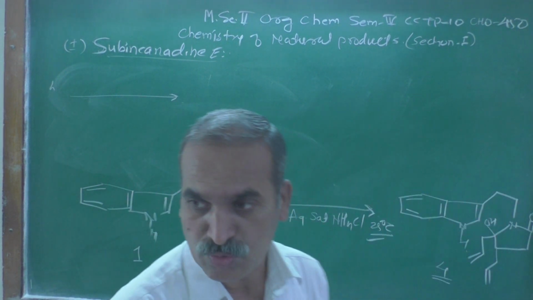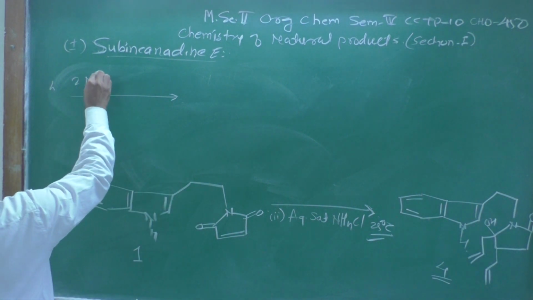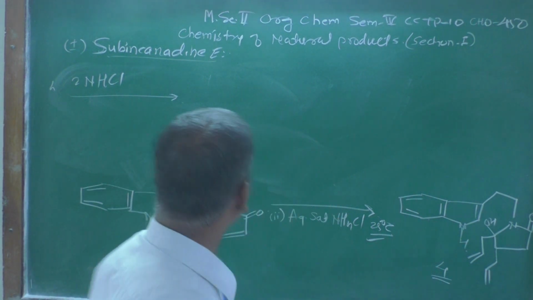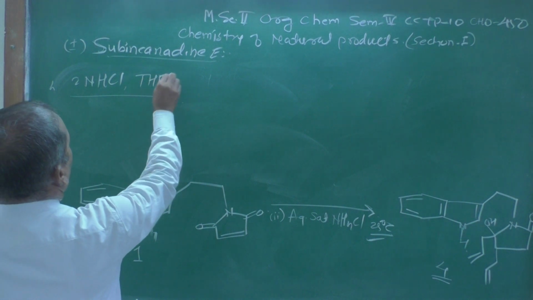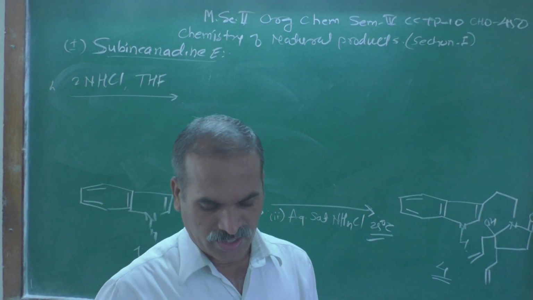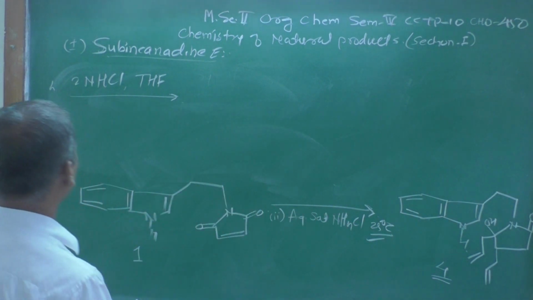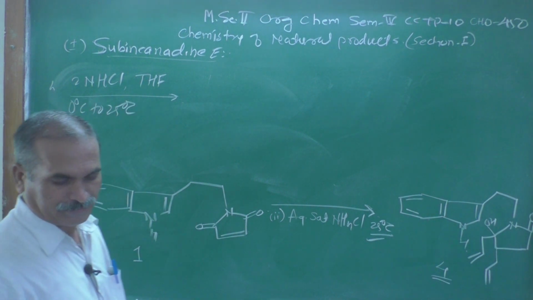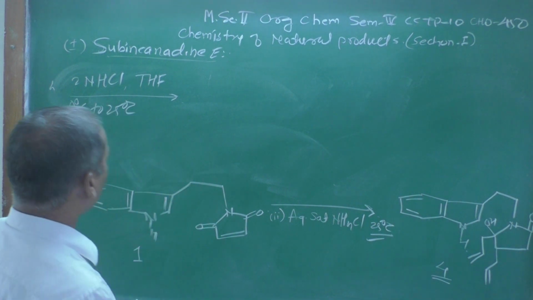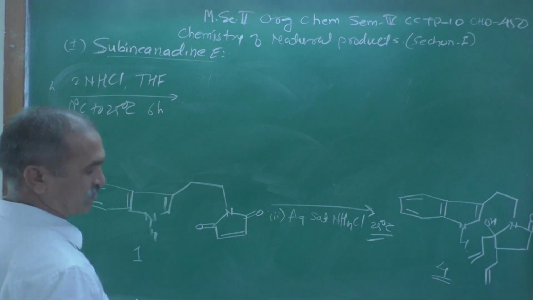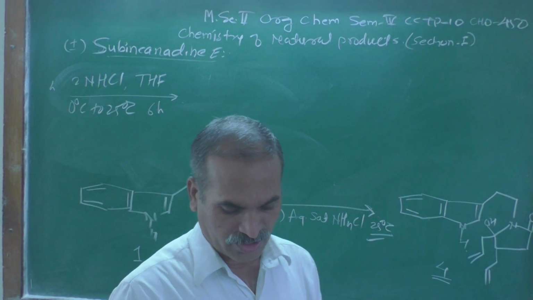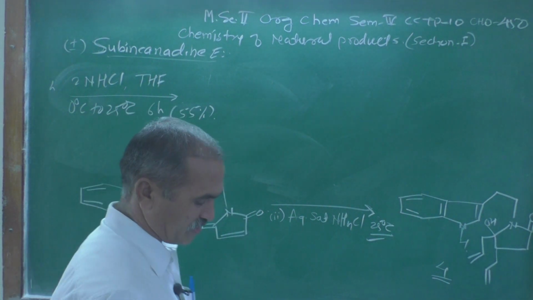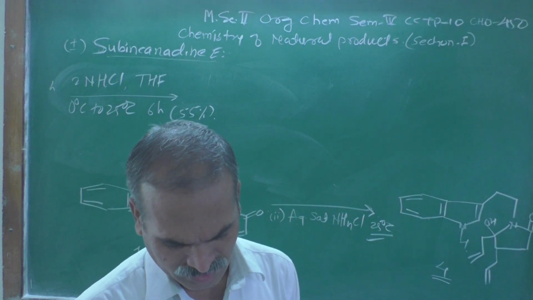The reagents are 2 normal HCl, hydrochloric acid, followed by THF, tetrahydrofuran, and the temperature is kept at 0 degrees centigrade to 25 degrees centigrade. The reaction is stirred for 6 hours, and the overall yield obtained is 55%.